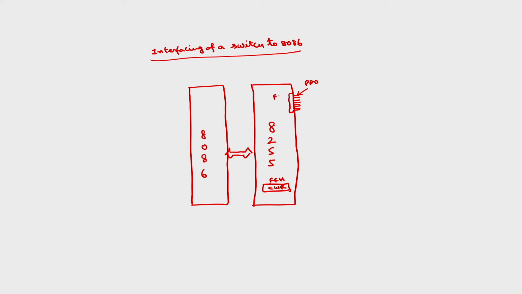This port A address is FCH, and port B and port C will have FDH and FEH. Here also, because only a single switch is there, I need only one port. So, I am going to connect this port A. This will be programmed as input port.